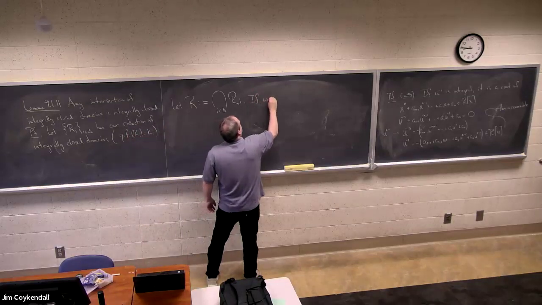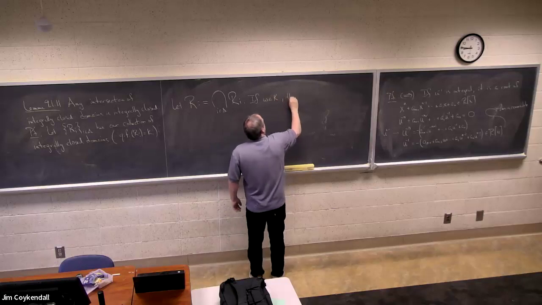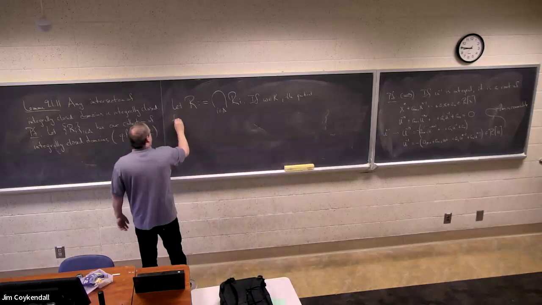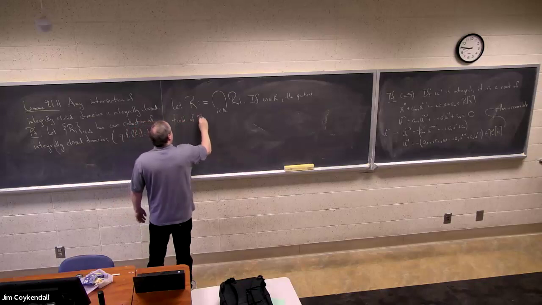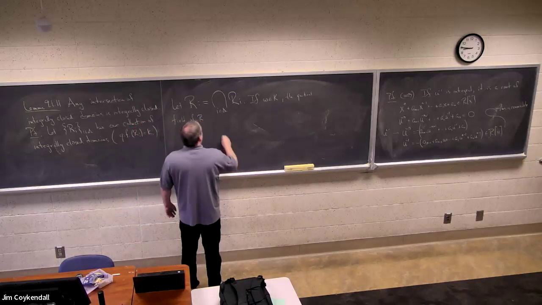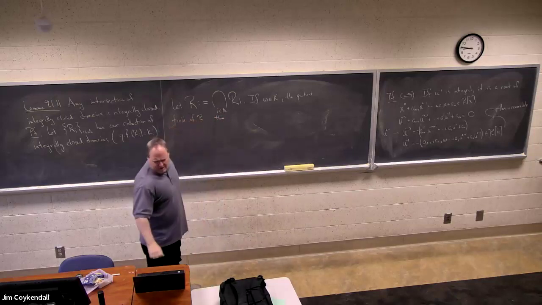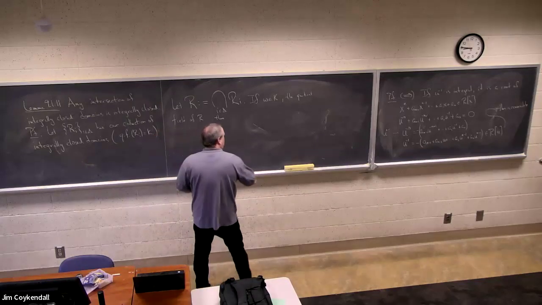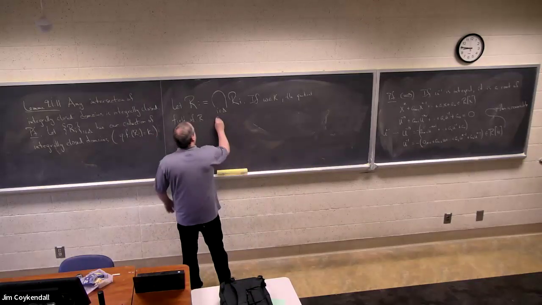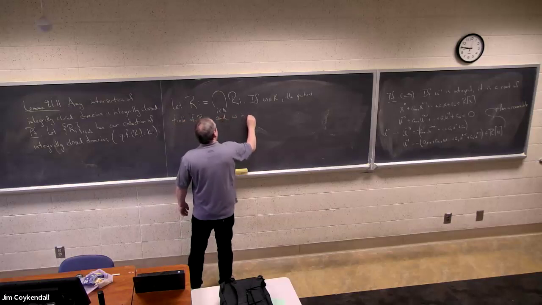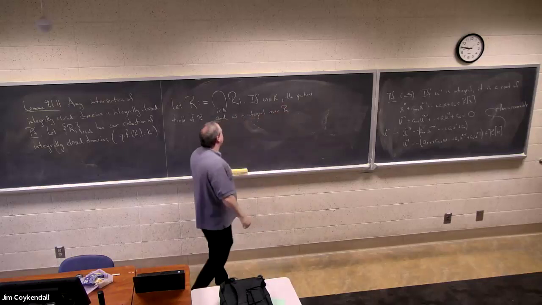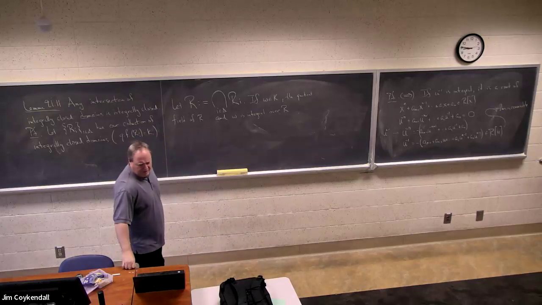If omega is in K, the quotient field of R, and omega is integral over R. So suppose you have an integral element there in the quotient field.